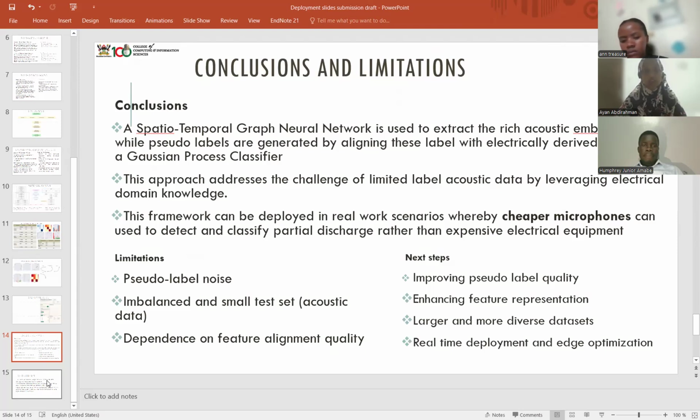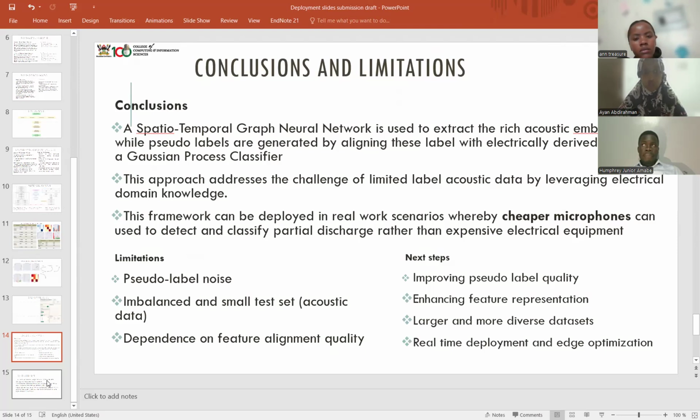This process helps us to address the challenge of limited labeled acoustic data by leveraging electrical domain knowledge. This framework can be deployed in real-world scenarios, whereby cheap microphones can be used to detect and classify partial discharge rather than expensive electrical equipment.